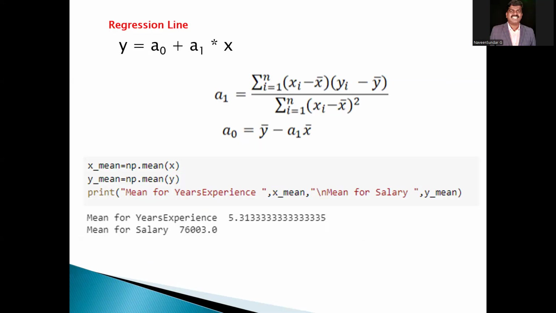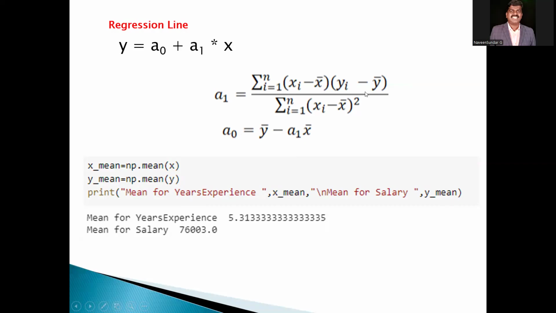And then we go for the regression line. As I told you, y equals a naught plus a1 into x. How do we calculate this a1? We call a1 the slope and a0 the intercept. Okay, so how to calculate that? For that, we find x minus x bar.